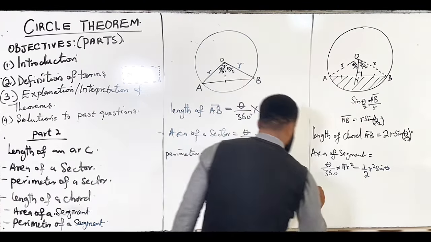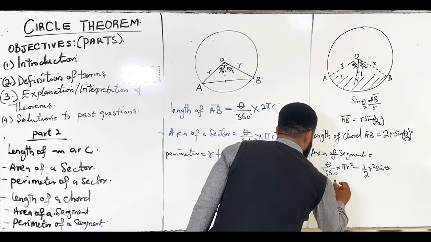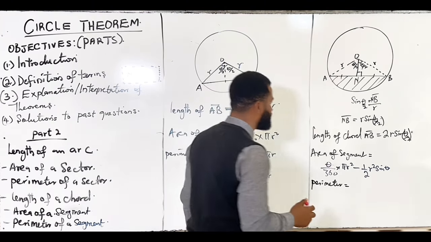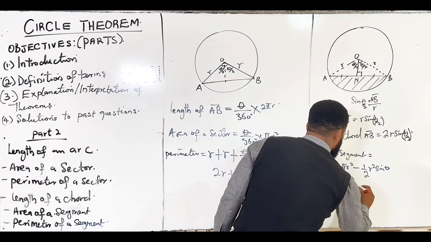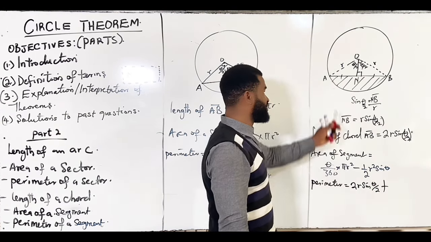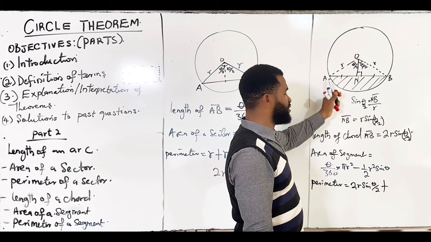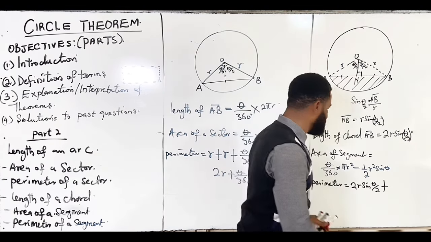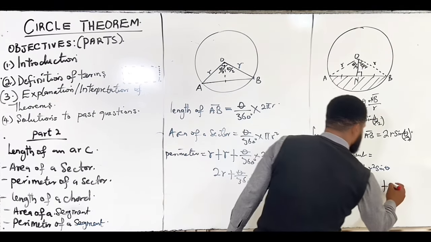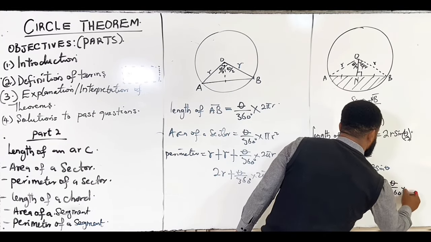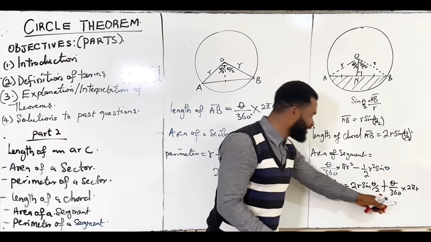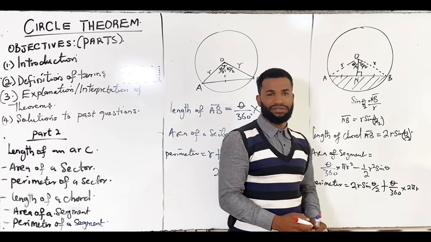The length of AB is going to be 2r sine theta over 2, plus the arc AB, and that is going to be theta over 360 times 2 pi r. So this formula can give you the perimeter of the segment.